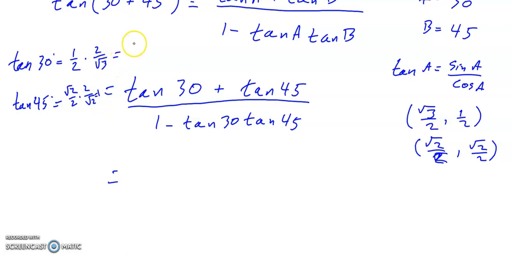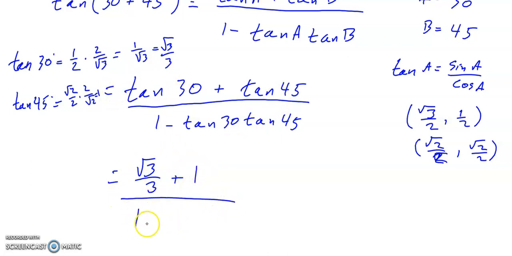And this one equals 1 over radical 3. We hate radicals on the bottom, so move that radical to the top, keep the 3 down. So the tangent of 30 is going to be radical 3 over 3 plus the tangent of 45 is 1, all over 1 minus tangent of 30, radical 3 over 3 times 1.